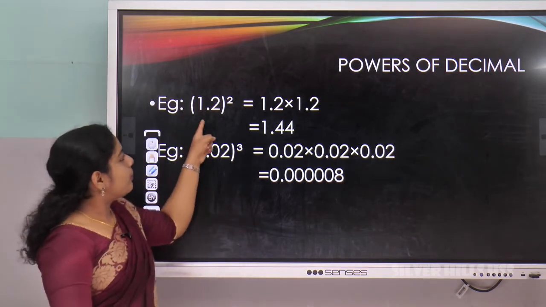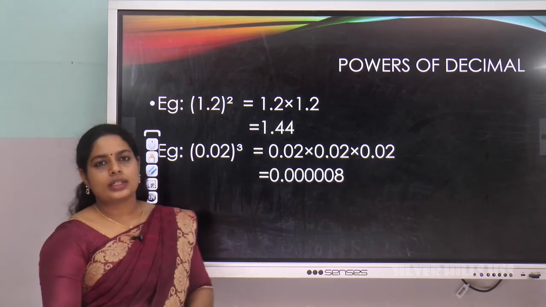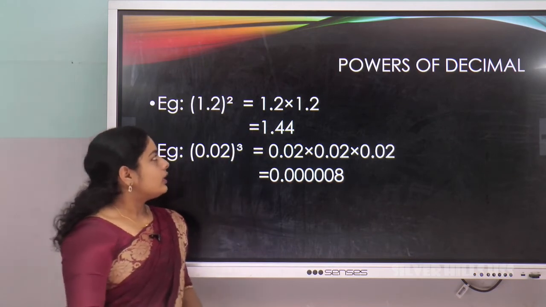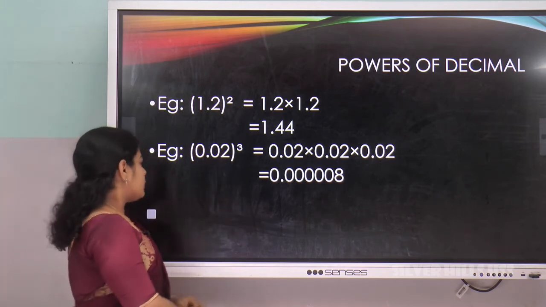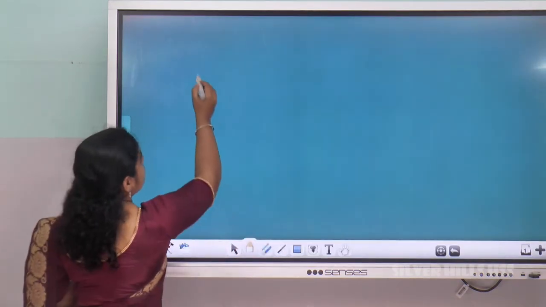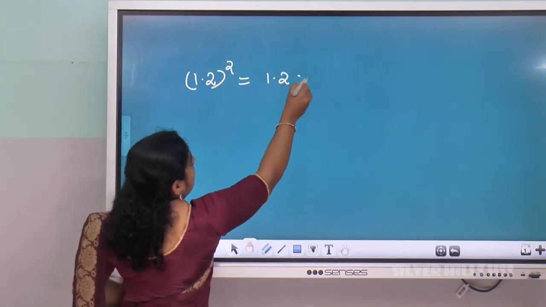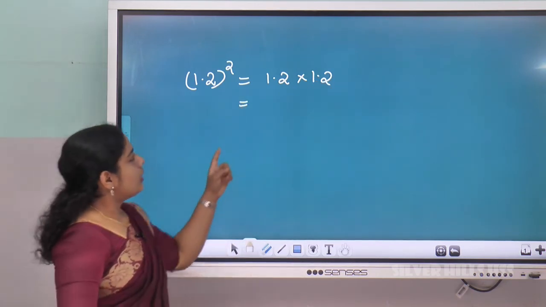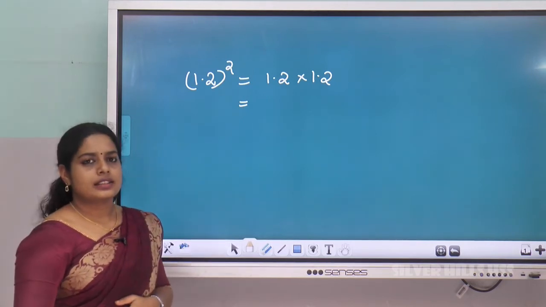Okay. So 1.2 whole raised to 2 means what? 1.2 is repeatedly multiplied 2 times. So we have 1.2 into 1.2, which is equal to 1.44. How can we get 1.44? Instead of multiplying 1.2 two times directly, we can just convert this 1.2 to a fraction.